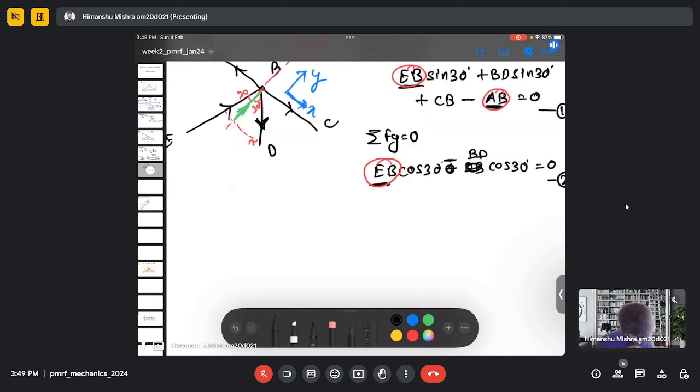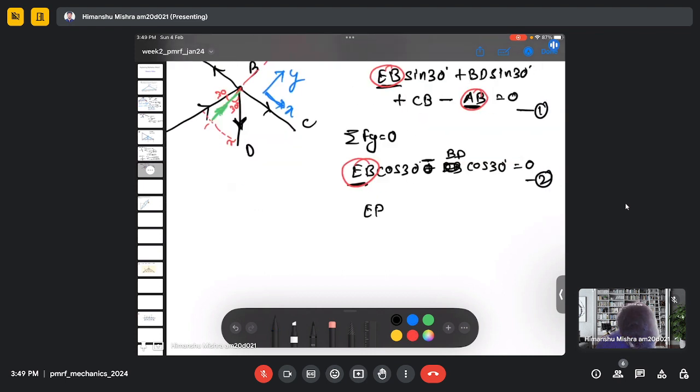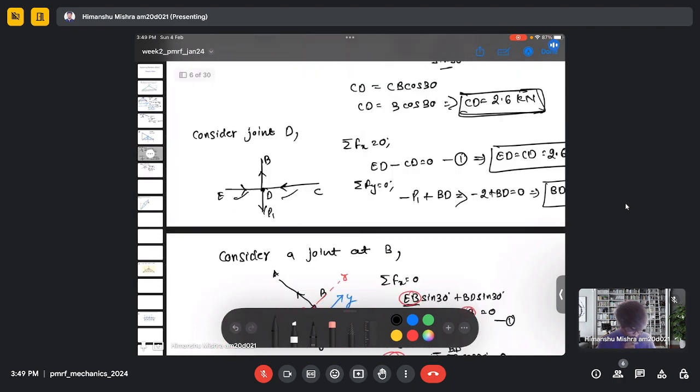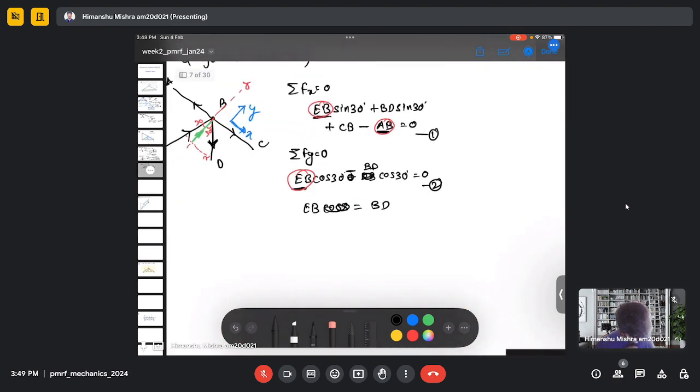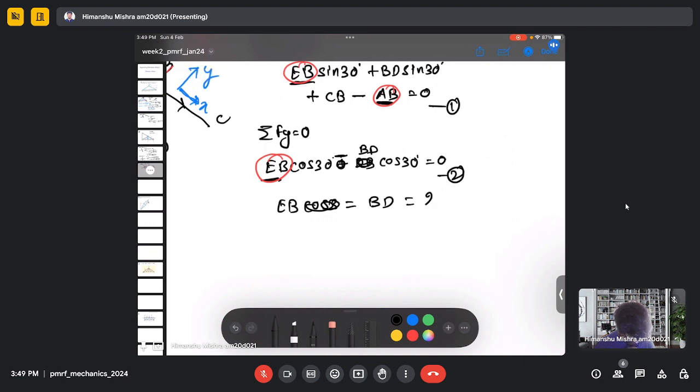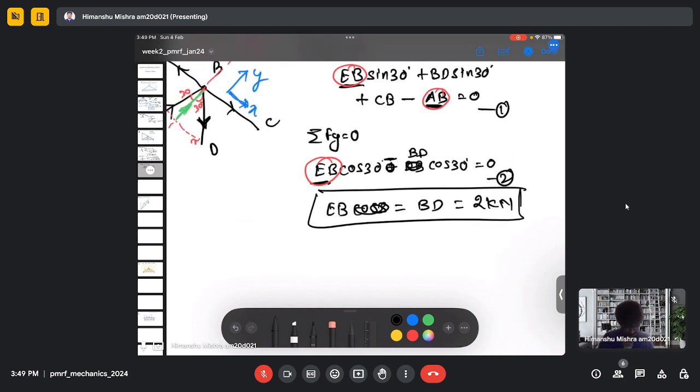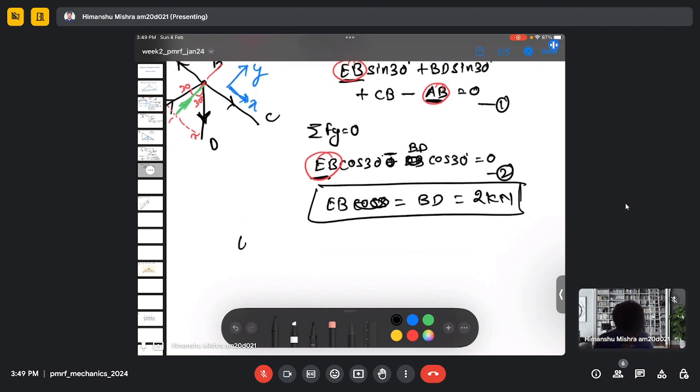So from equation 2, I can write EB equals BD. And we know BD is 2 kilonewton. So my EB is also 2 kilonewton. And then we can use equation 1. Here we have EB, which is 2 kilonewton. BD is also 2 kilonewton.